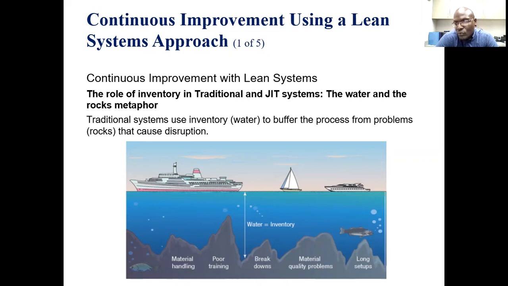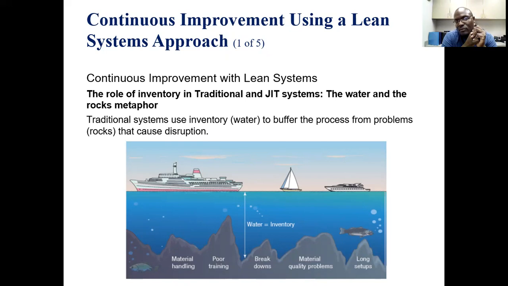Inventory is often used to buffer an organization or a manufacturing process against any situation that might arise over the course of production. For example, if equipment breaks down and the organization has inventory, then they could certainly satisfy the requirements of their customers even though there's a system shutdown of some kind, and that's well and good.